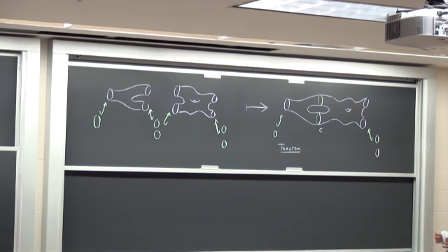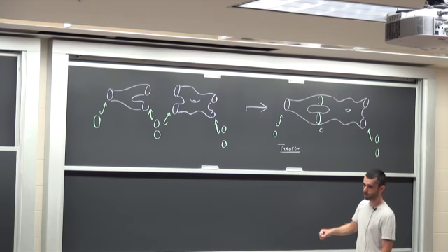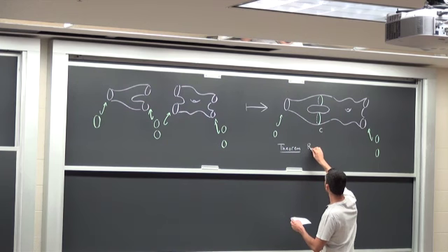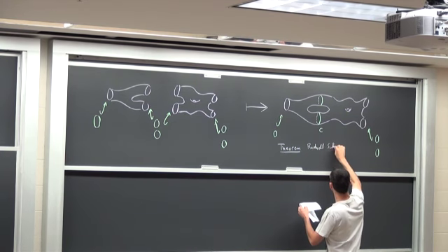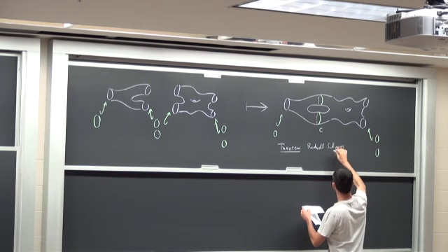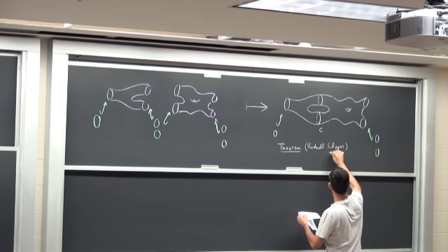I know of it from some unpublished notes by Graeme Segal, but it also appears in the literature in a paper by Radnell and Schippers. So let me put that as a reference.